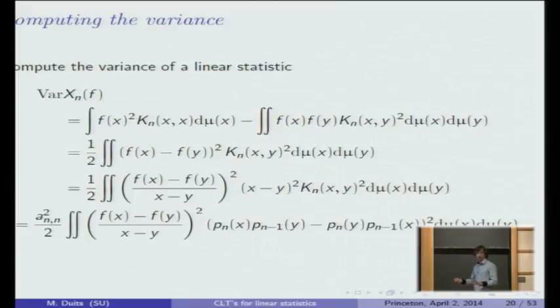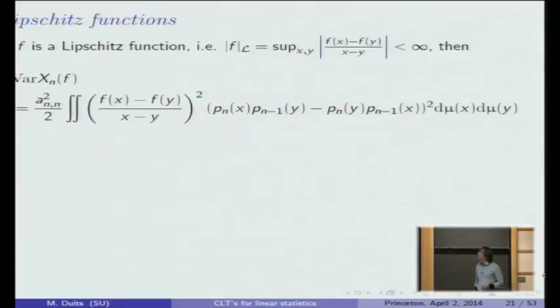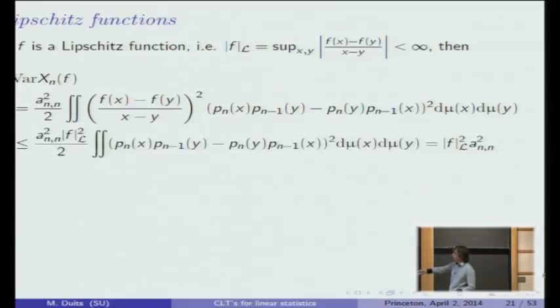This is a form that we will use in two ways now. First of all, suppose that we have a function that is Lipschitz with Lipschitz constant f_L. Then I have this variance. I just copied this from the last line of the last slide. I estimate this term here, which gives me the Lipschitz constant, and then this double integral over the polynomials.